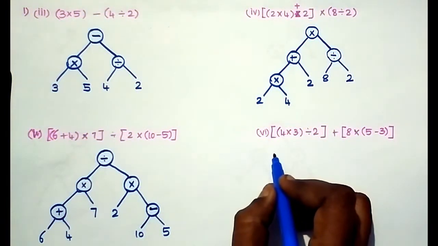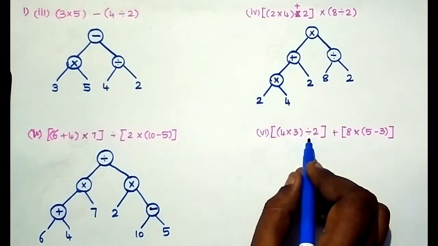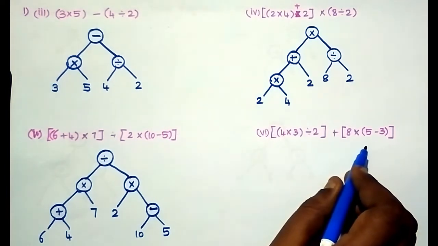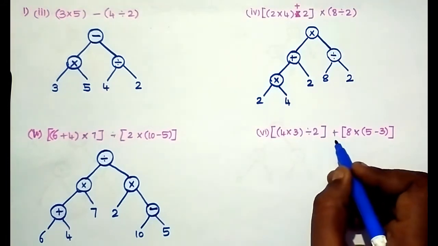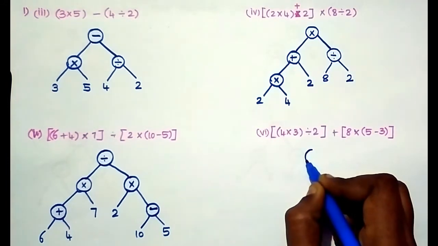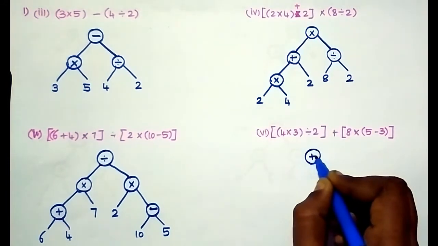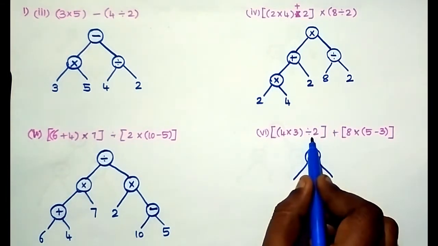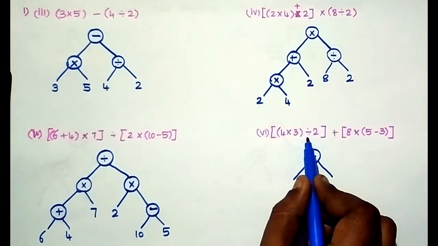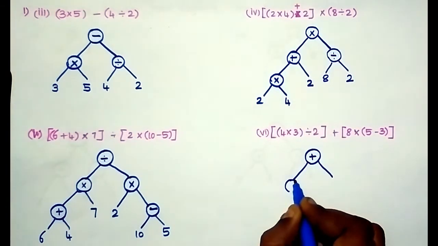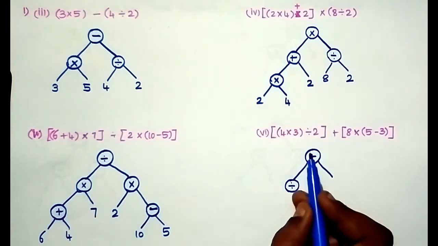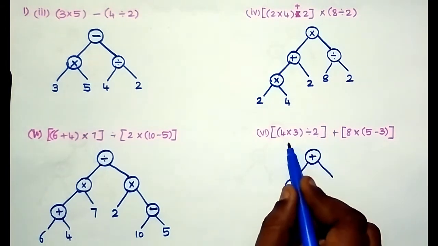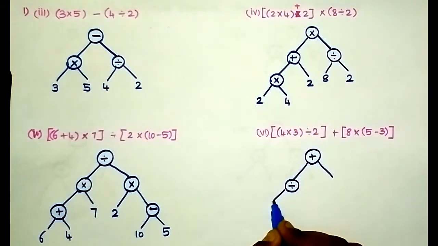Next, sixth one, 4 into 3 divided by 2 plus 8 into 5 minus 3. So the main operation is plus. So this bracket now we have to solve. Here division. Which two numbers we want to divide? 4 into 3 and 2. So 4 into 3, how will you write that?